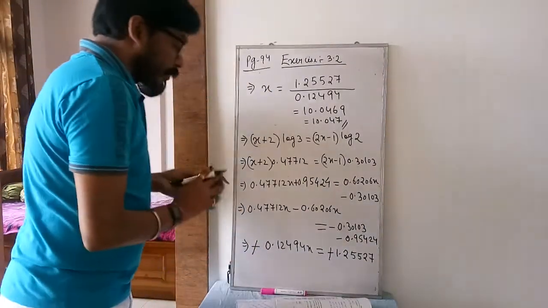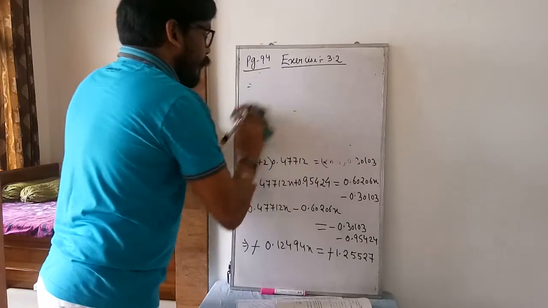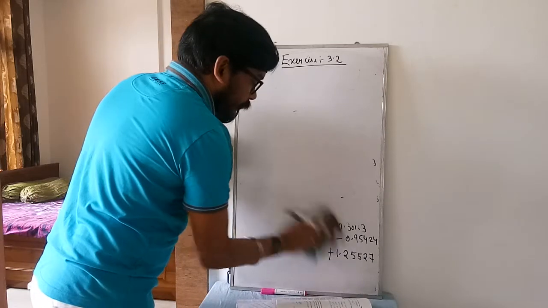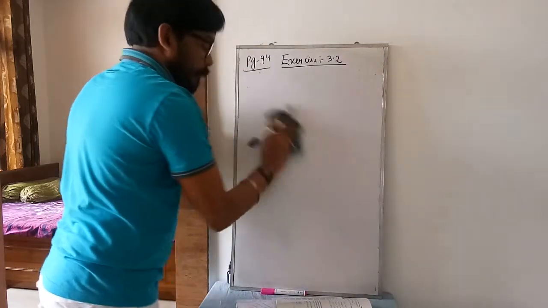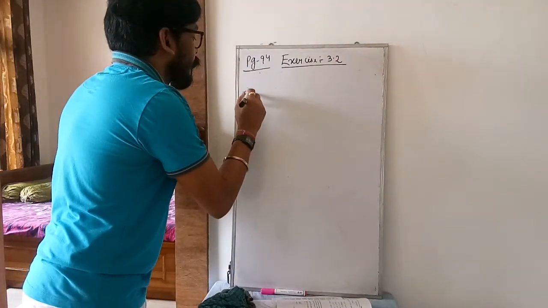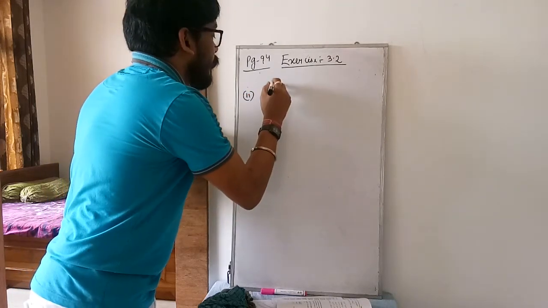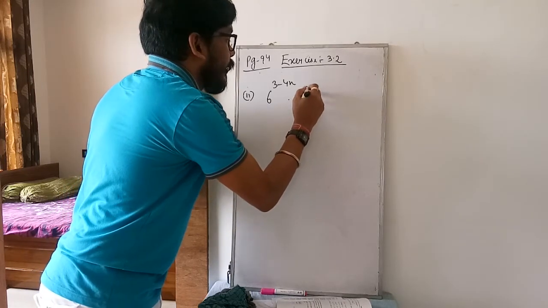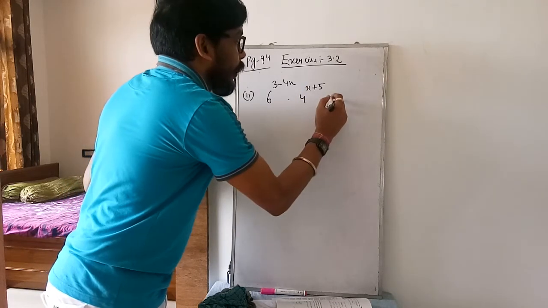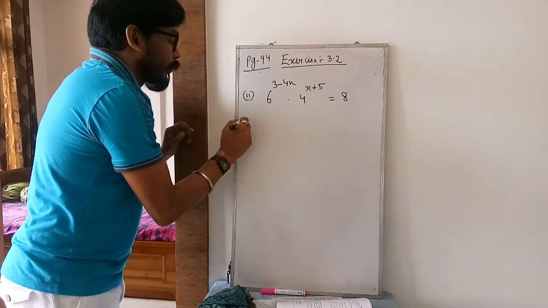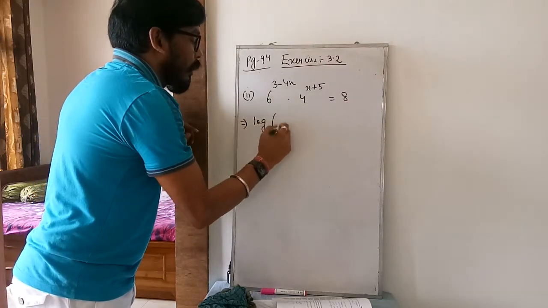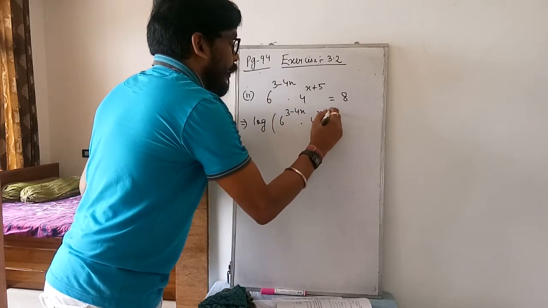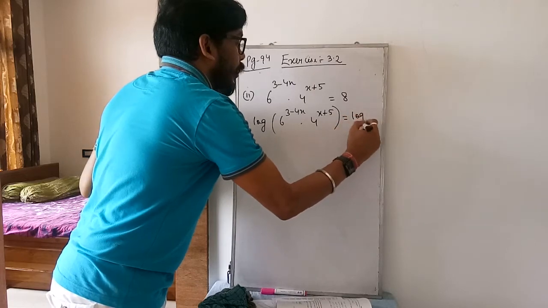Okay, next Roman number 2. 6 to the power 3 minus 4x into 4 to the power x plus 5 equal to 8. To solve this sum, I have to take log: log of 6 to the power 3 minus 4x, 4 to the power x plus 5 equal to log 8.